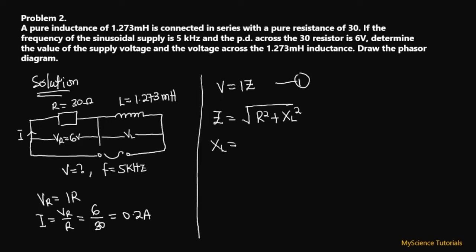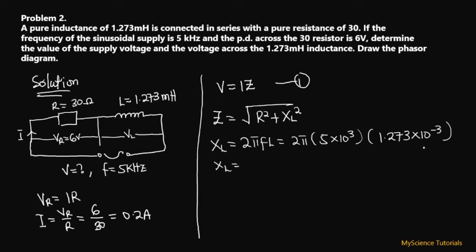The inductive reactance is given as XL equals 2 pi FL. So this is 2 pi, times our frequency of 5 times 10 to the power 3, multiplied by our inductance L of 1.273 times 10 to the power minus 3. If we compute this in our calculator, we get 40 ohms as our answer.